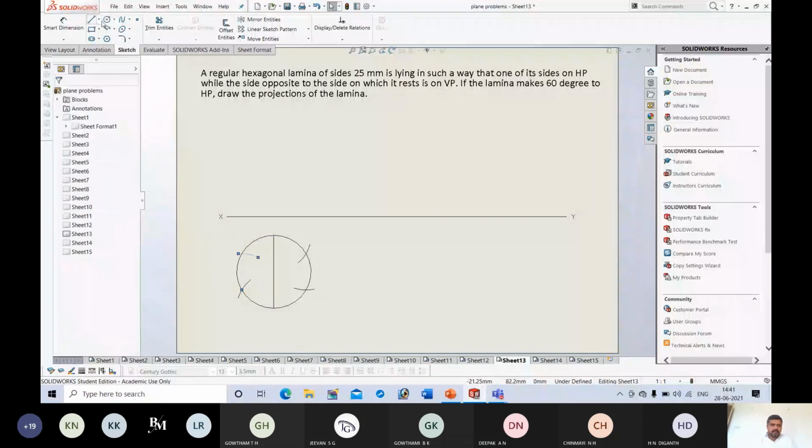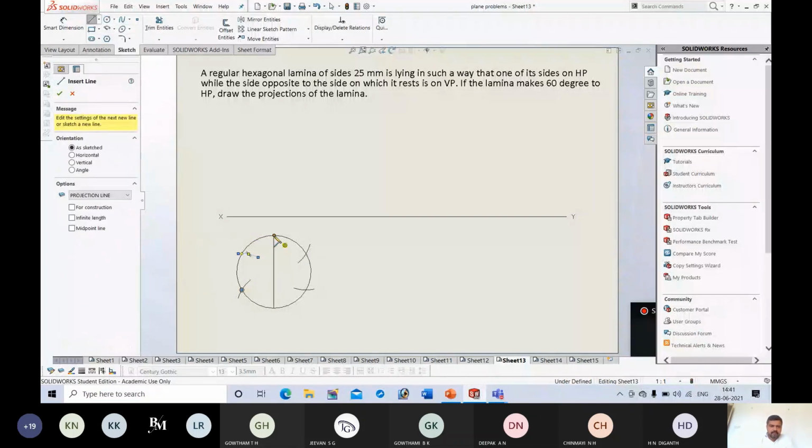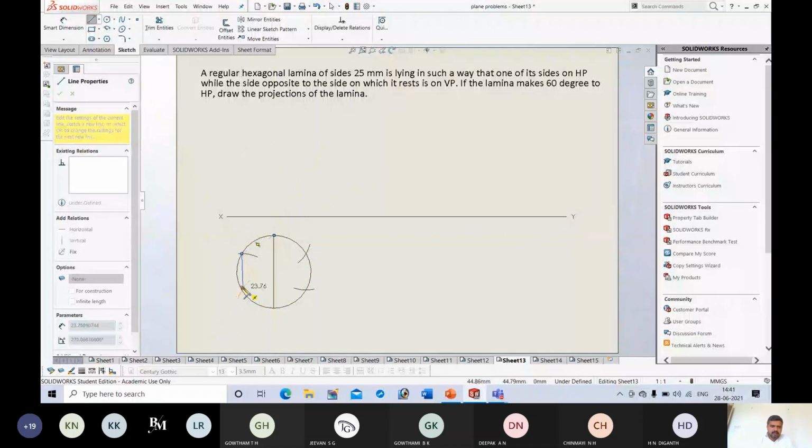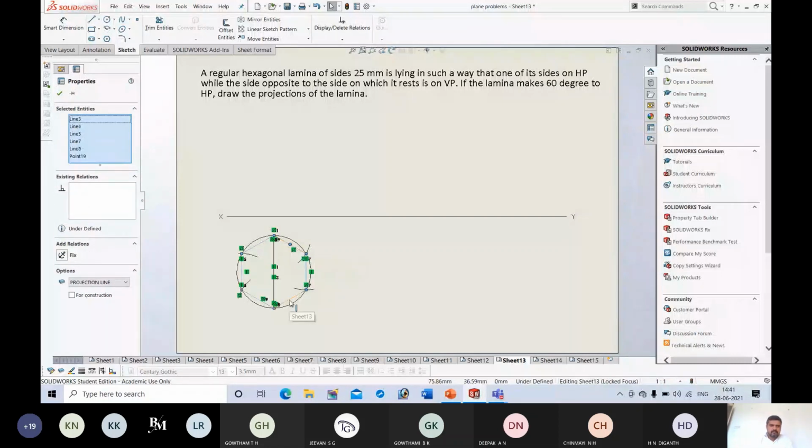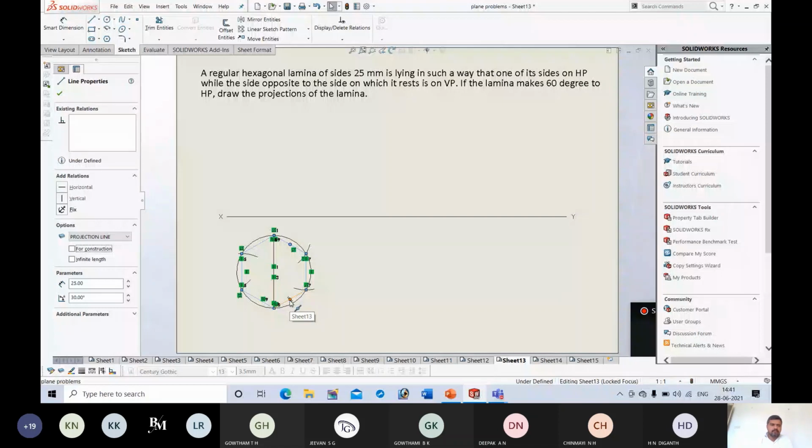After that, connect these points with a scale, that means draw straight lines connecting these points. Next, I will increase the thickness of the sides. Then I will name the points.